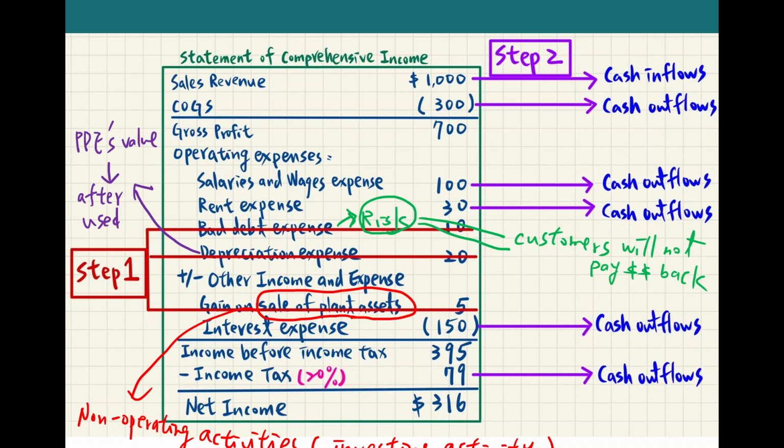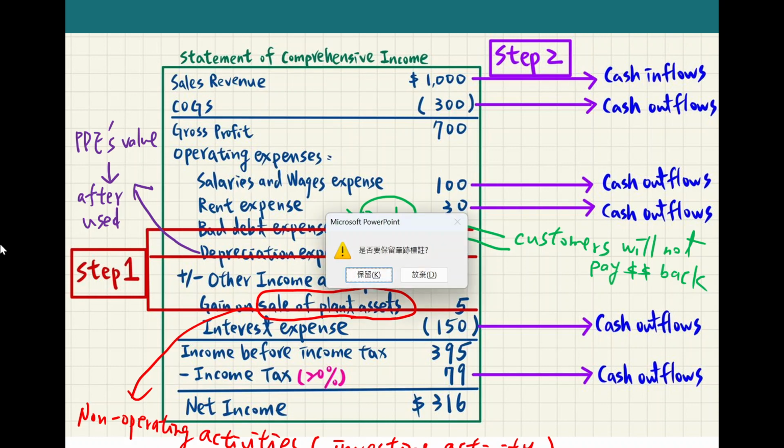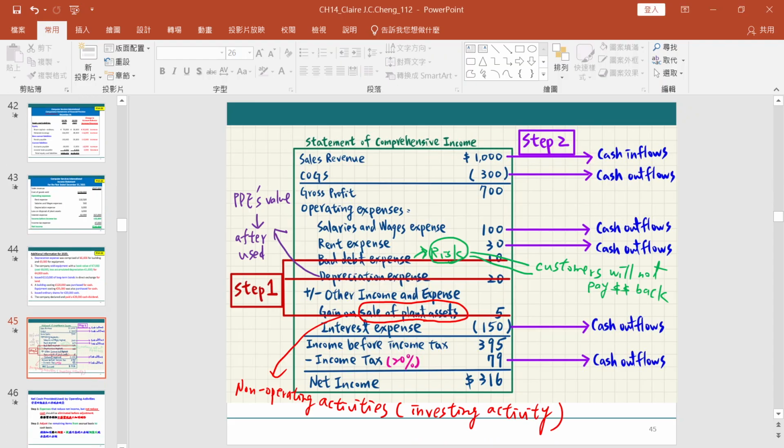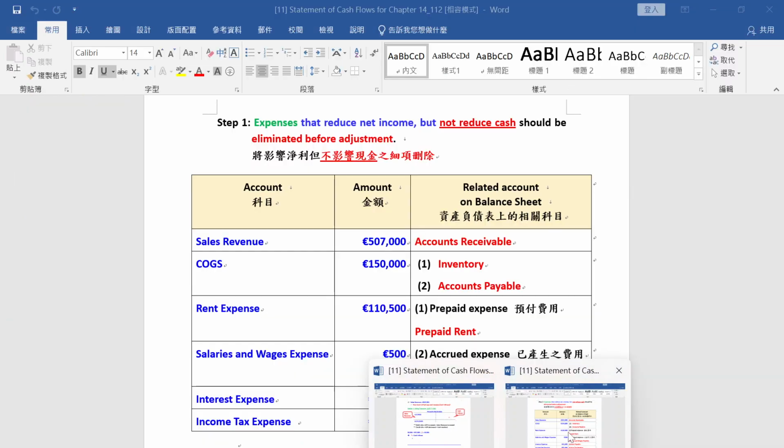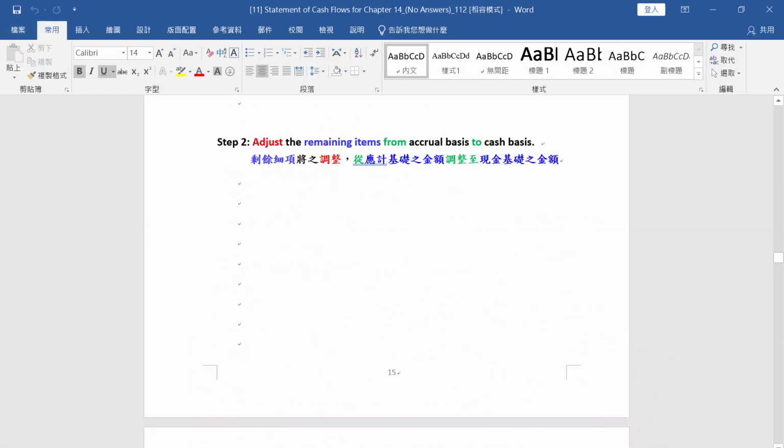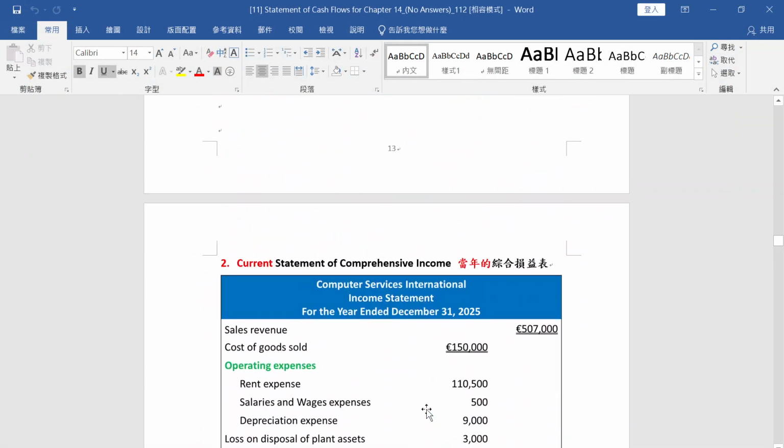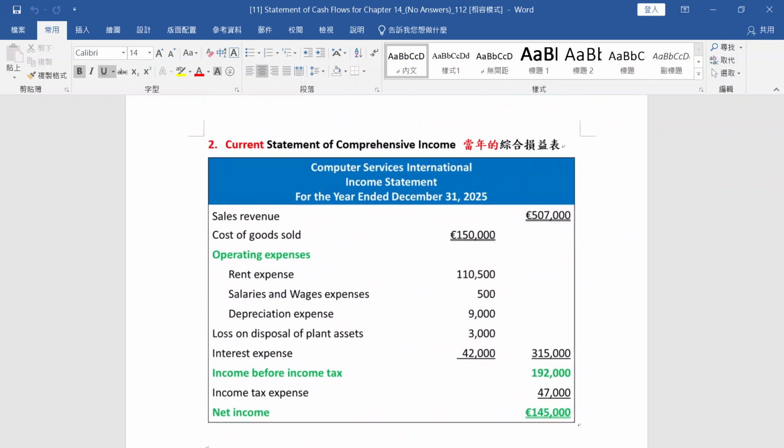Okay, so that's why you can go to your note on page 15. You can compare page 14 with 15. When you compare 14 with 15, 14 is our statement of comprehensive income, right?